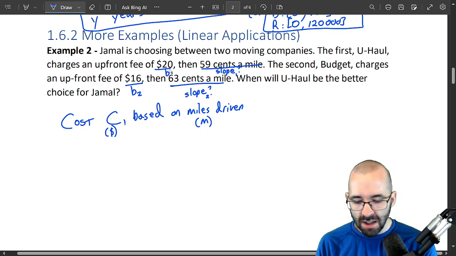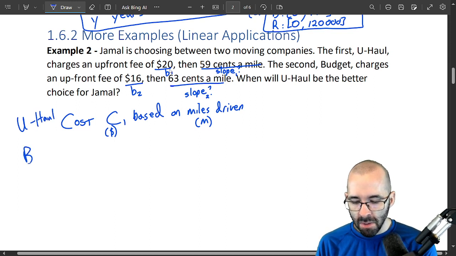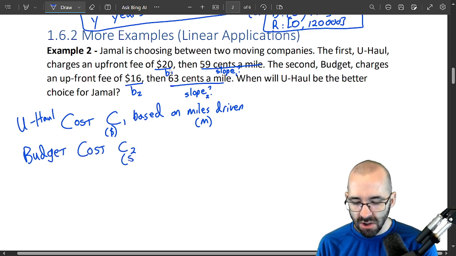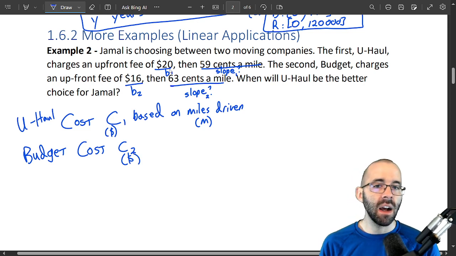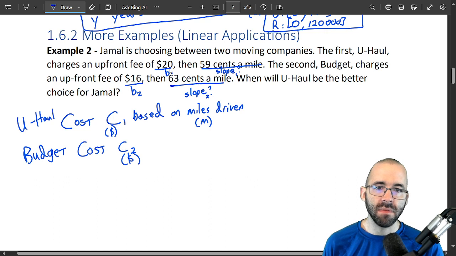So maybe we say C1 is the cost for U-Haul. And maybe we'll say the Budget cost, you can call that C2, also in dollars. And it has the same input variable, how many miles he's driving.